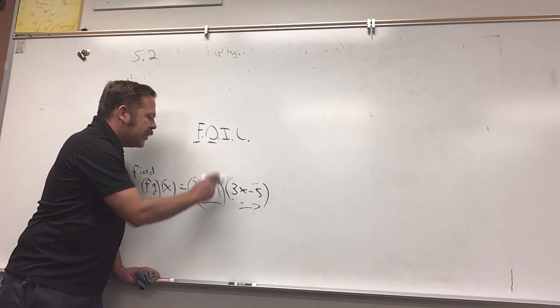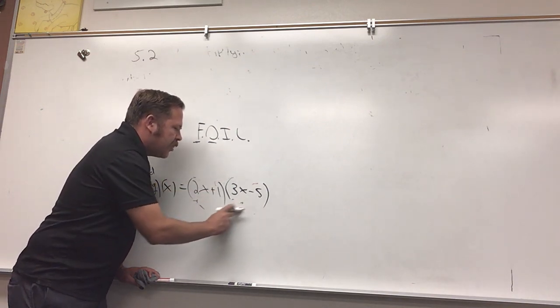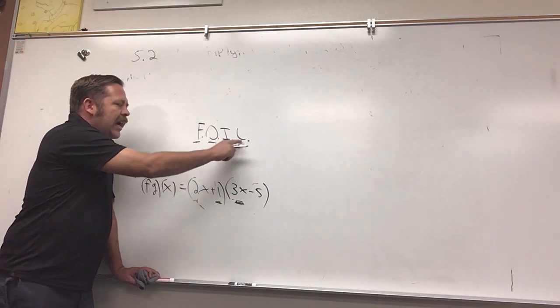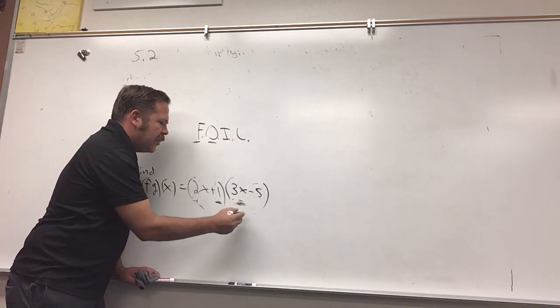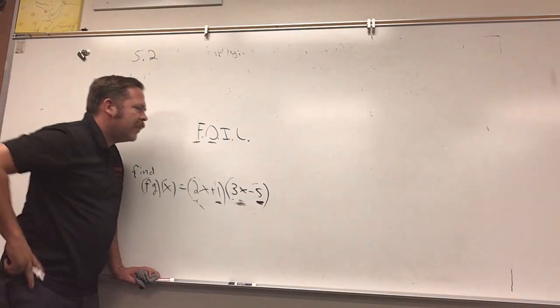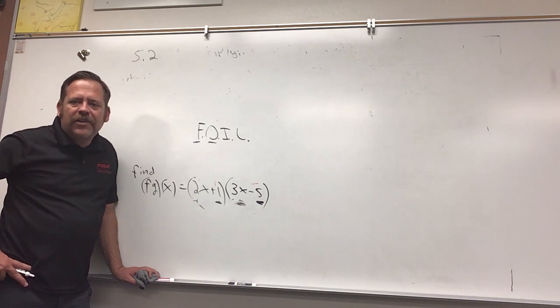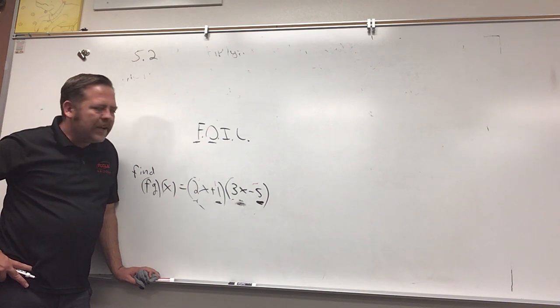And then I is for inner. So the inner terms would be the 1 and the 3. And then last is for the last terms, 1 and negative 5. So it's just a misconception. It's an acronym to make sure you multiply each term to each term. I don't like it though, because it's not what we're doing.